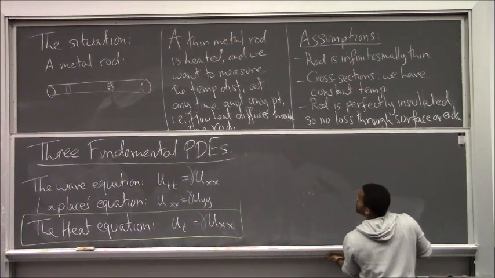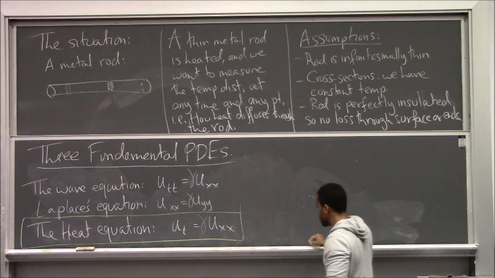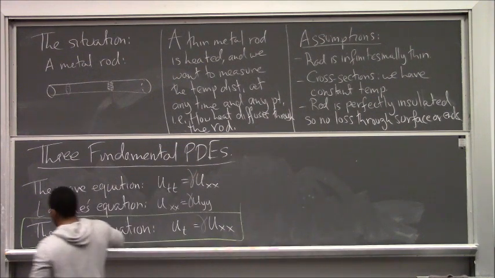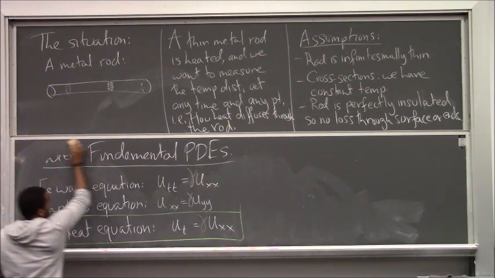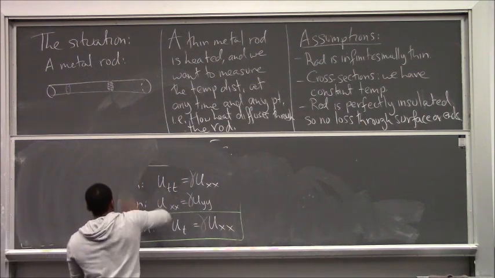Now, under those conditions, how can we actually measure how the temperature will be diffusing throughout this rod? Well, we are simply going to define a function that is going to do the measuring for us.